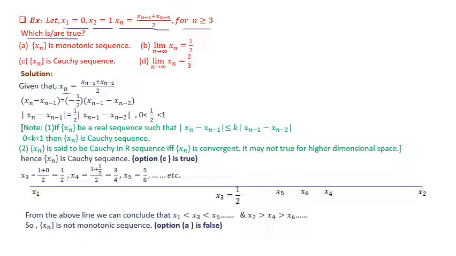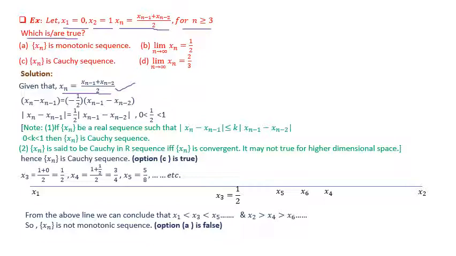Given that xn equals (xn minus 1 plus xn minus 2) by 2. This is our given sequence. At first, subtract xn minus 1 from both sides of this sequence.